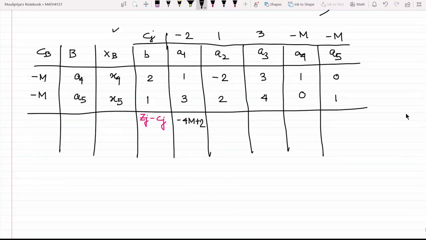Z2 minus C2. Then Z3 minus C3. Then for the column A4, it's minus M plus M, 0.